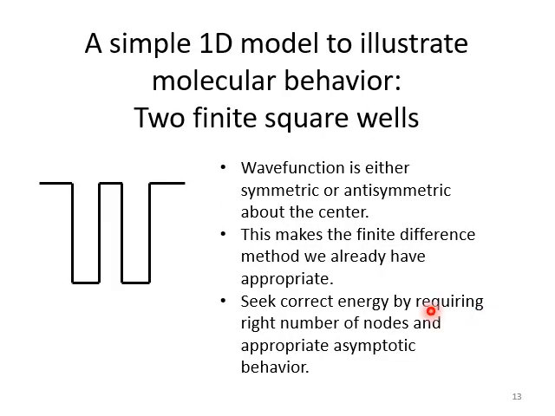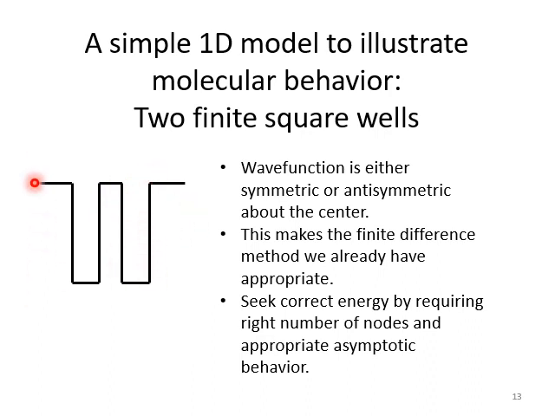But first, we're going to talk about a very simple physicist-style model for molecular behavior. And in our model, quote-unquote model, we'll take a one-dimensional system in which we have two finite square wells.